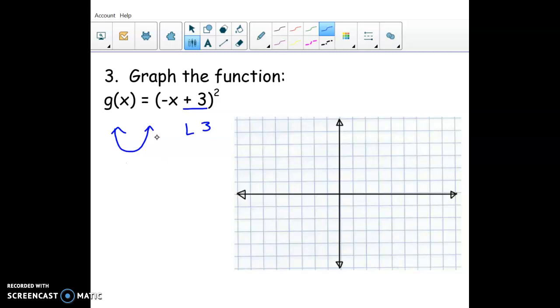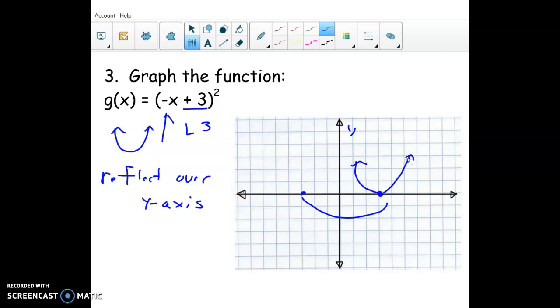But because it's on the inside, this is going to reflect over the y-axis. And again, if it's on the outside, it would reflect over the x-axis. So what actually happens is you're going to go left 3, but then it flips over the y-axis, so it flips over here. And then I'm just going to draw the shape, right?